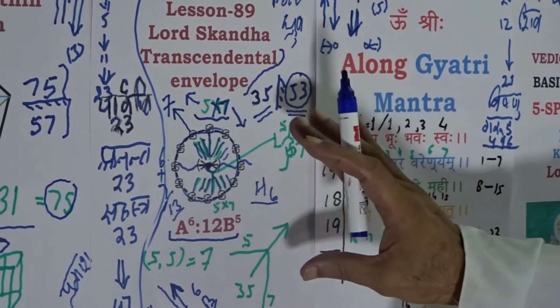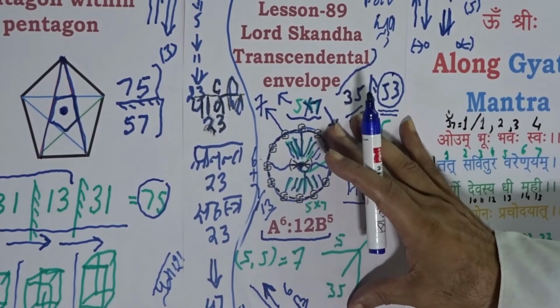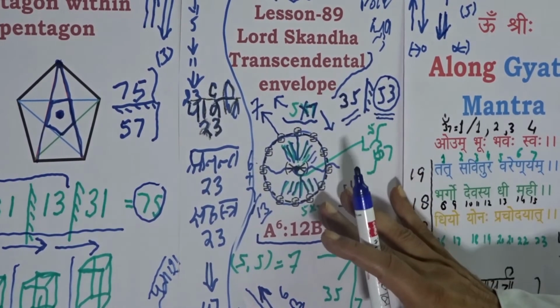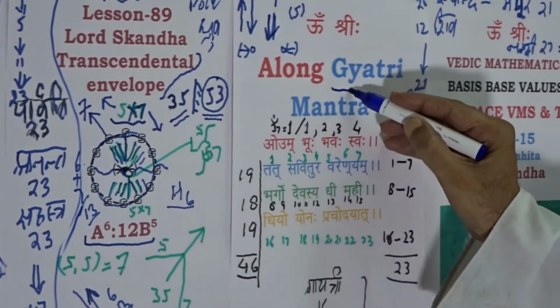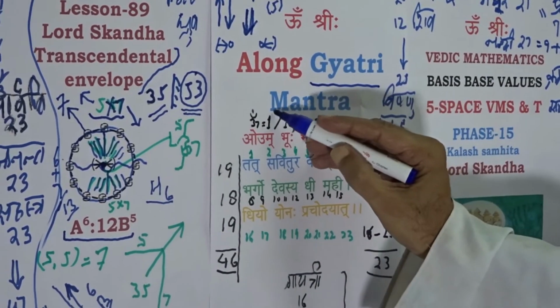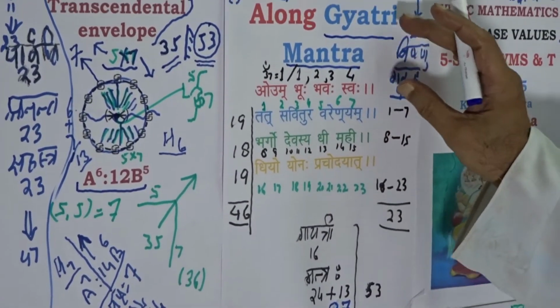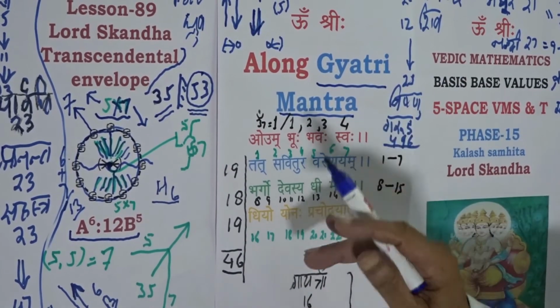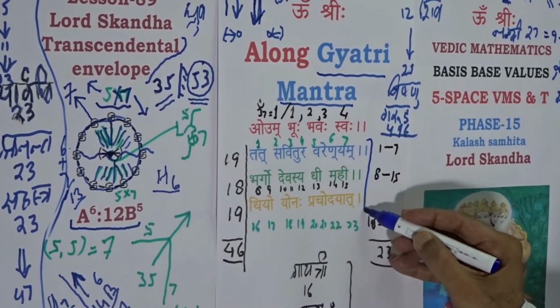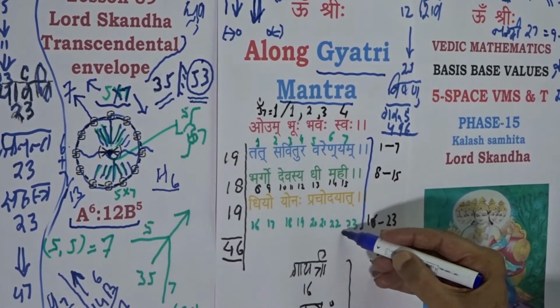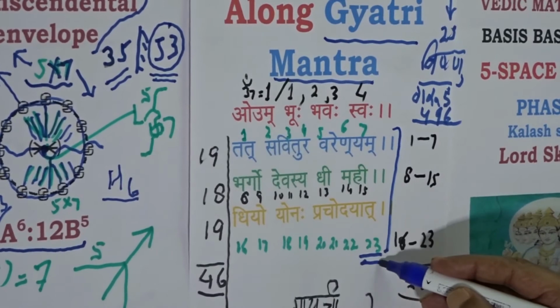Now it is this phenomenon which is ultimately taking the sadhakas along a Gayatri Mantra path. Now Gayatri Mantra is the text which is of 23 syllables.